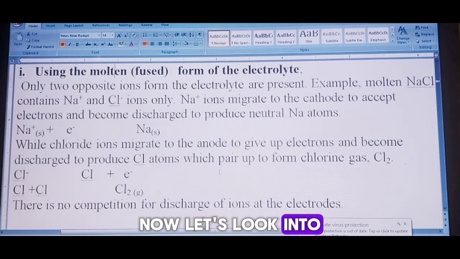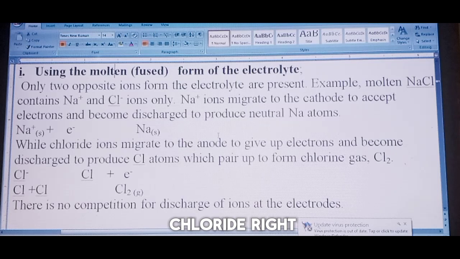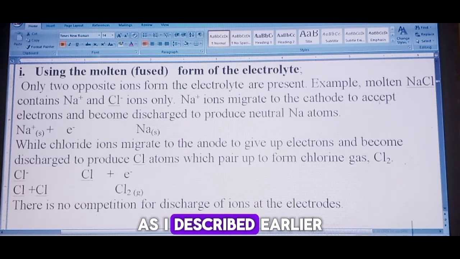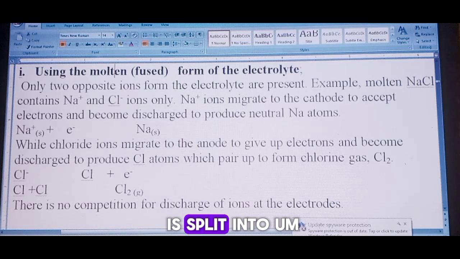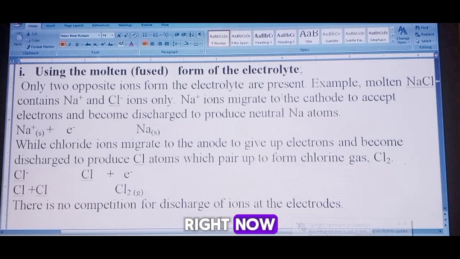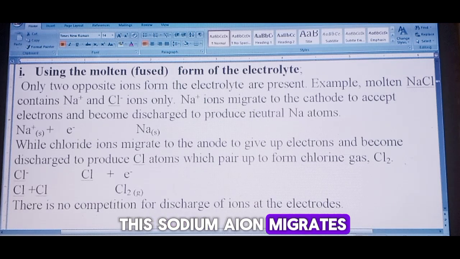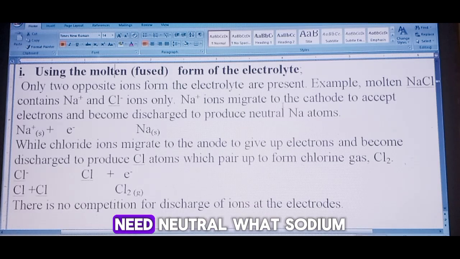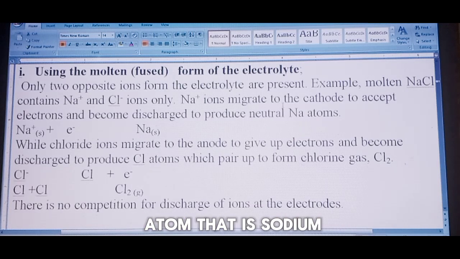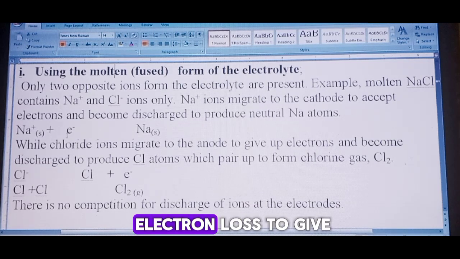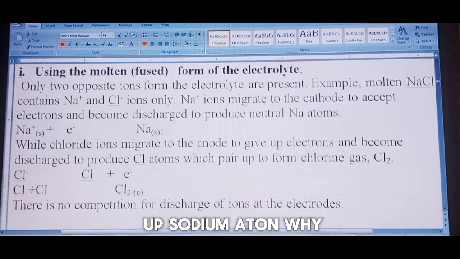Now let's look into the electrolysis of sodium chloride, right? Sodium chloride, as I described earlier, is split into sodium ion and chloride ion, right? What happens is that this sodium ion migrates to the cathode to accept an electron and become discharged to produce what? Sodium atom. That is sodium ion plus an electron to give sodium atom.